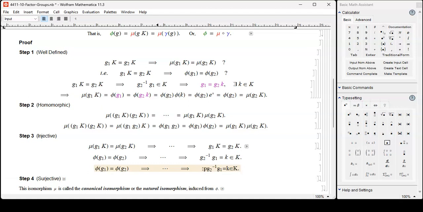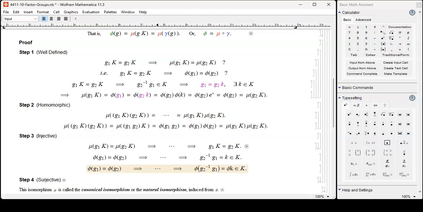So if I apply phi here, then apply phi of k, but that belongs to the kernel, so that's the identity. And as for this part, all you have to do is flip this phi of g2 to the other side, right?